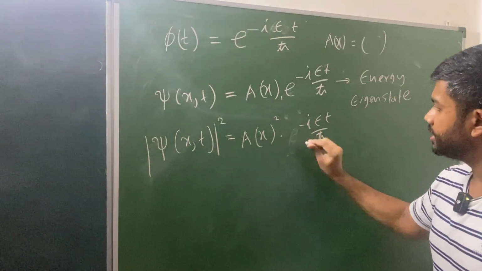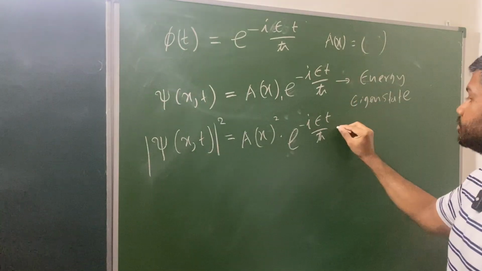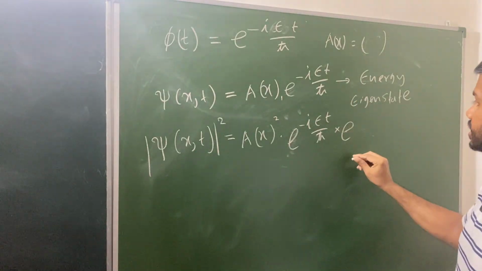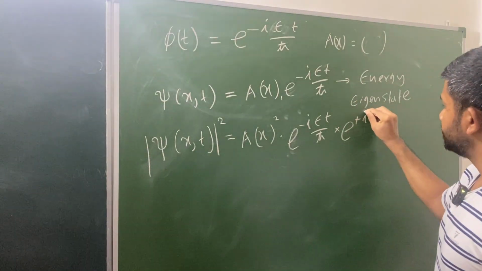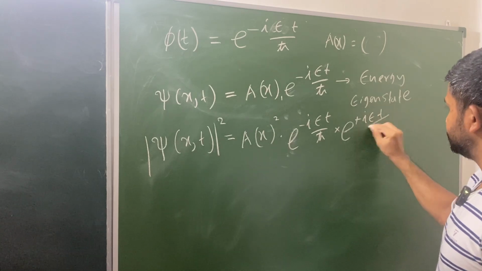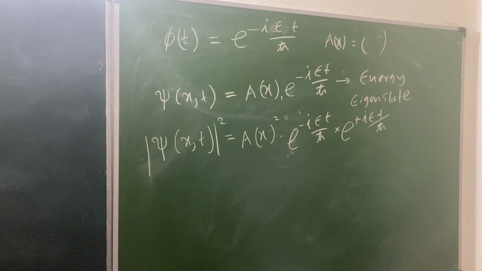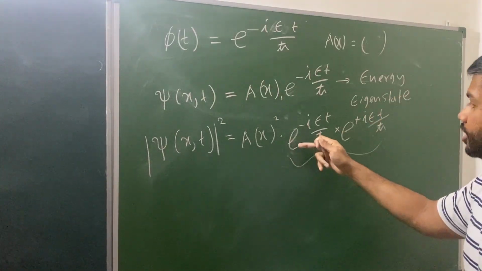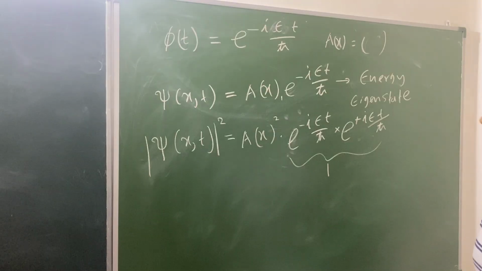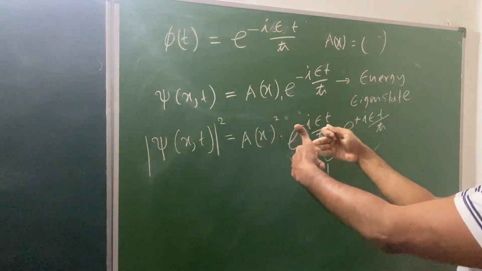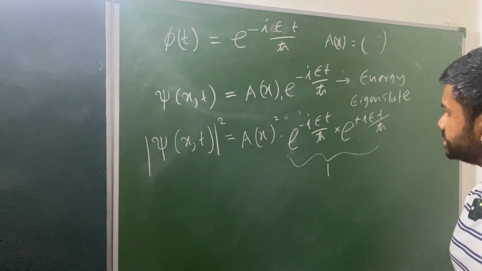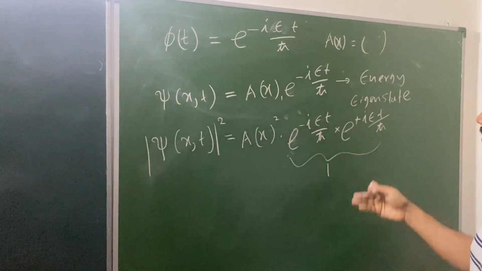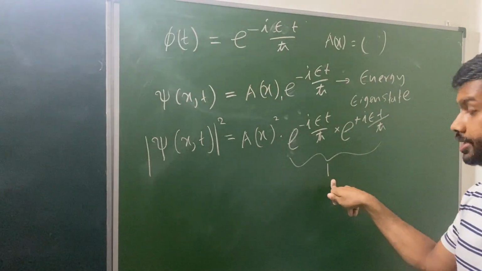So when you have an imaginary exponential and you square it, you have to multiply it with its complex conjugate. I have already introduced this to you in my previous video, the complex conjugate. So that's a plus one. So now this part will be 1, because when you add the indices together, you will end up with 1 here.